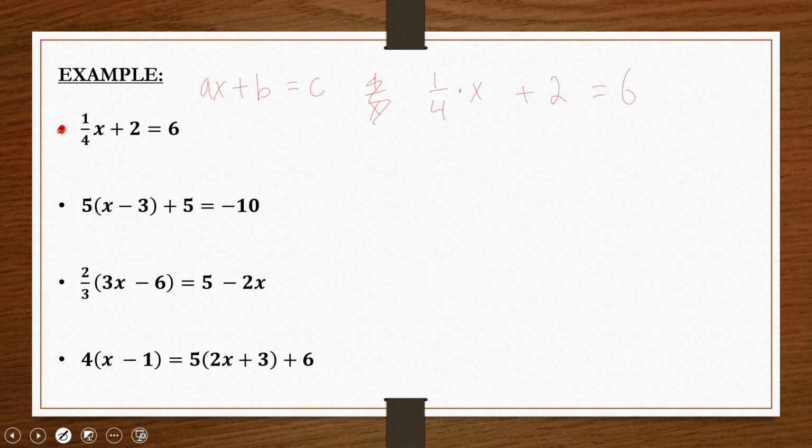So the idea here is to actually isolate the variable of interest x. And to do that, I want to use those four operations that I mentioned a second ago, that addition property of equality and multiplication property of equality. So in this first example, 1/4 times x plus 2 is the expression I want to simplify.